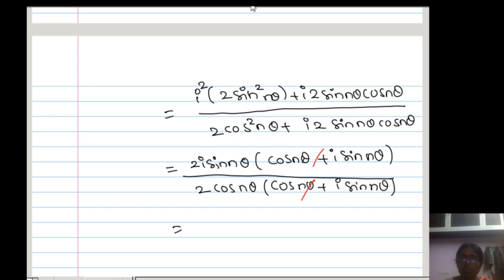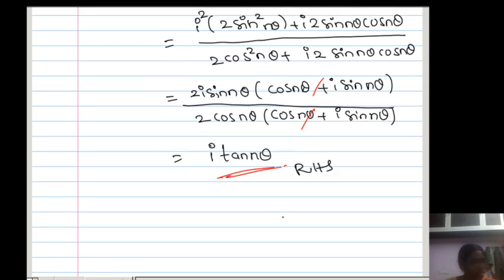The remaining term is what here? 2 to cancel again. So I can write here sin n by cos n, means i. So what is my final RHS? i as it is, 2 to cancel, sin n by cos n theta means tan n theta. I think this is our RHS. So by taking LHS, I proved RHS.